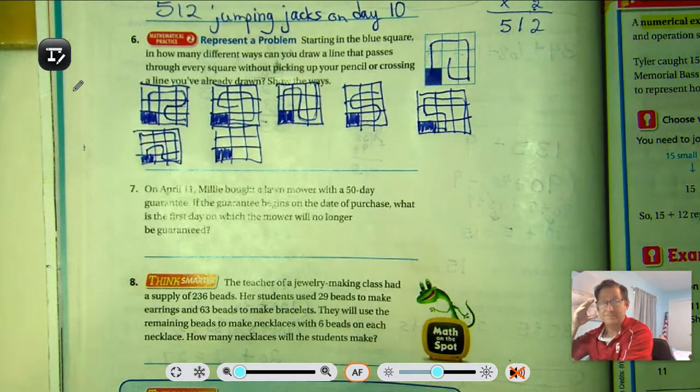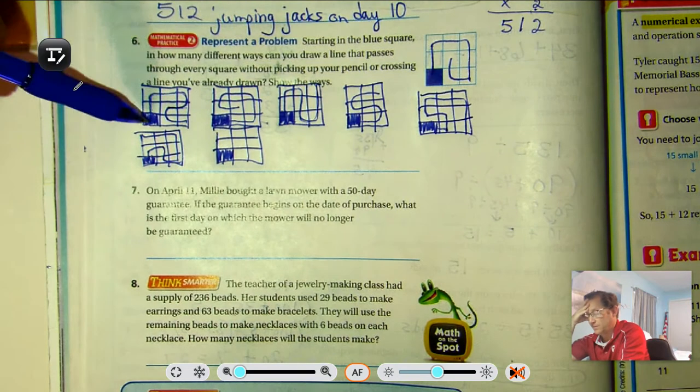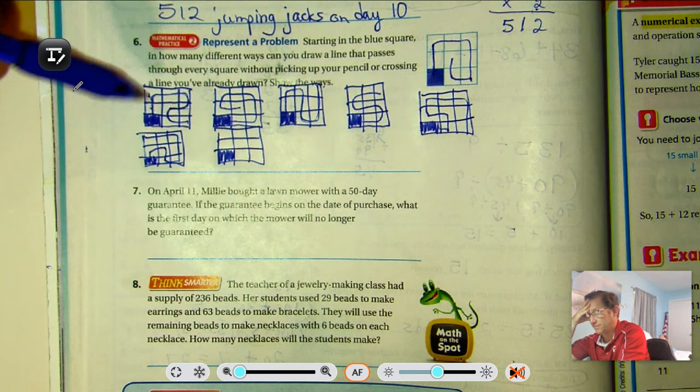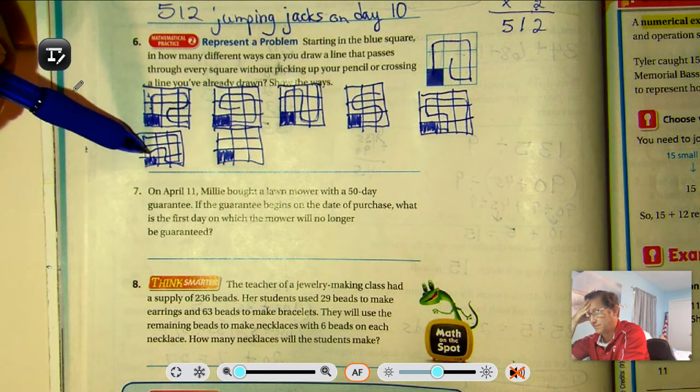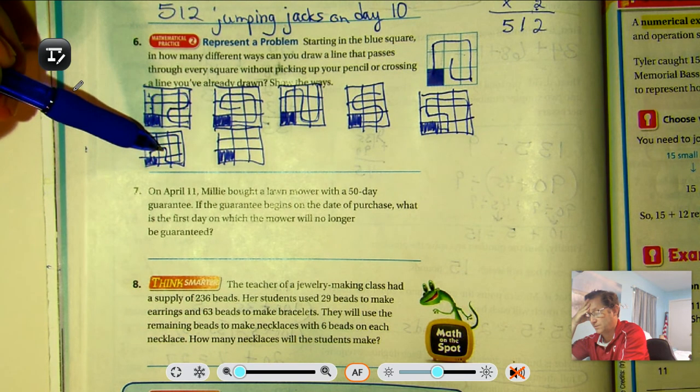I think I'm running out of ways. So let's see, we've gone here, here, on here, and then over.